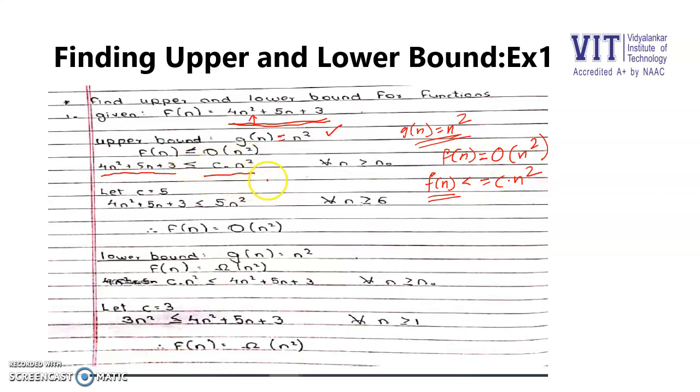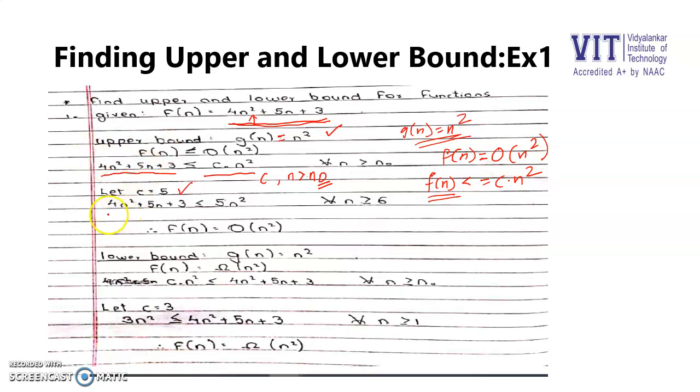We are supposed to find two things: a value of c which is greater than 0 and a value n0, the initial value for which this condition is true. You can take any value of c, it depends on you. I have taken c as 5. Again, it's my choice, any positive constant.